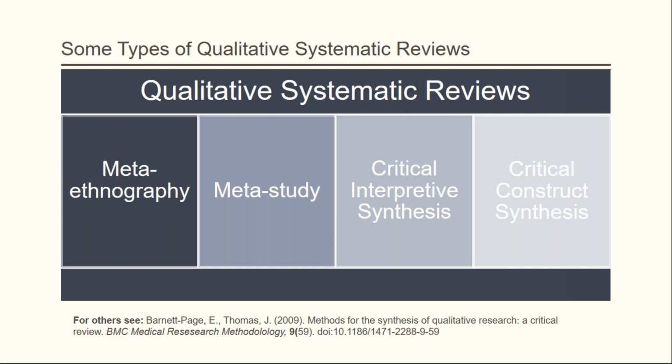And because I have a relatively captive audience, I and 2 colleagues developed what we called a critical construct synthesis. And the purpose of a critical construct synthesis is to critique existing systematic reviews.